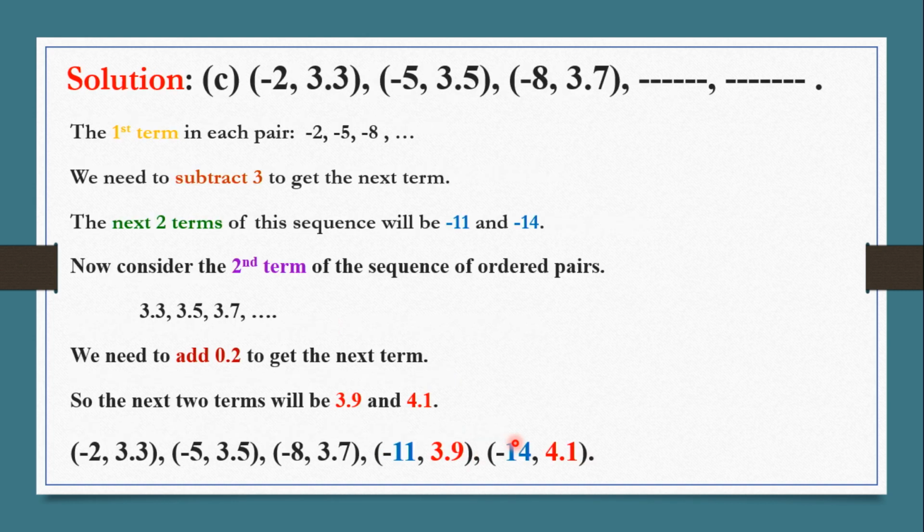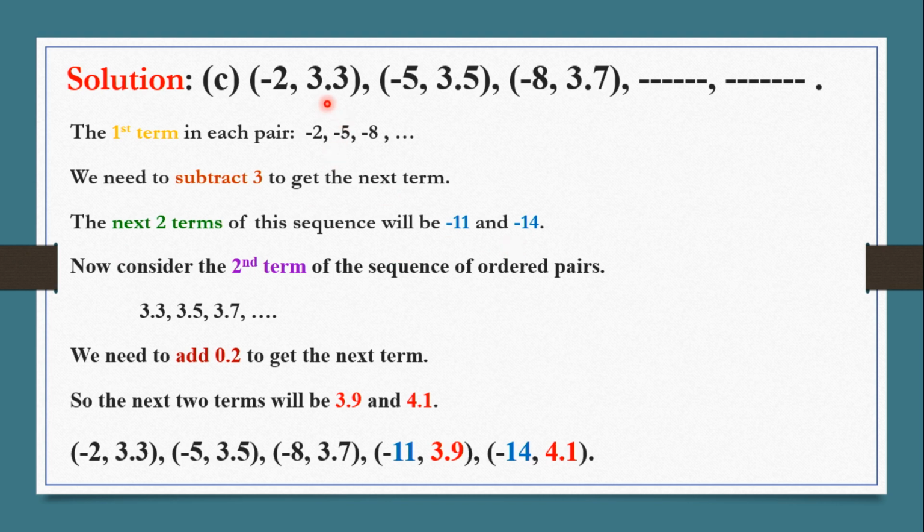Part C: (-2, 3.3), (-5, 3.5), (-8, 3.7). The first term in each pair: -2, -5, -8. So you can see that we need to subtract 3 to get the next term. So the next two terms will be -11 and -14.